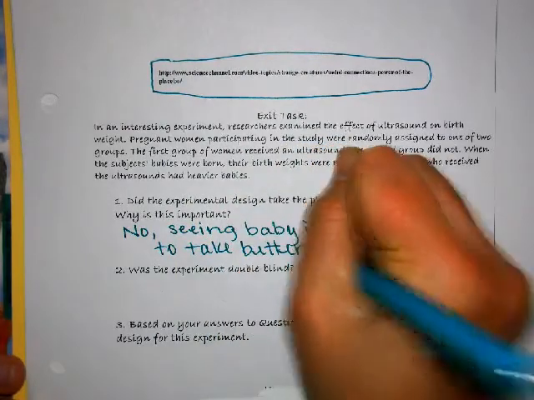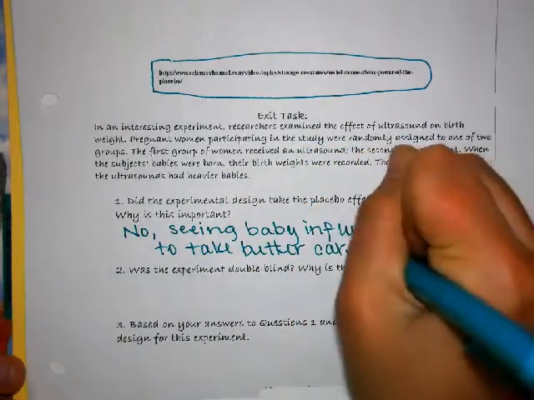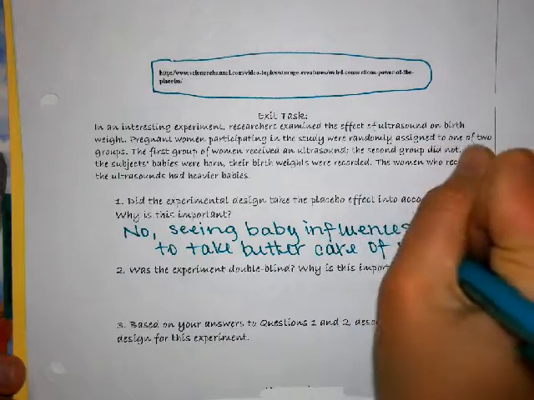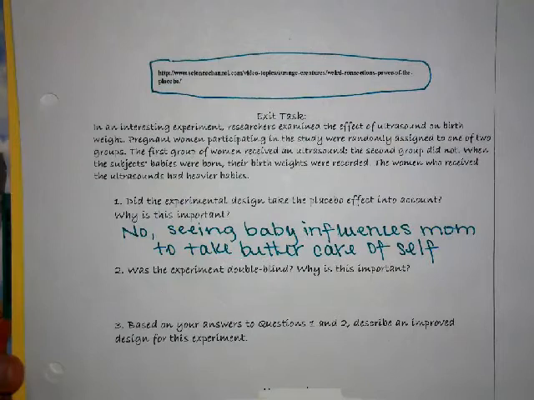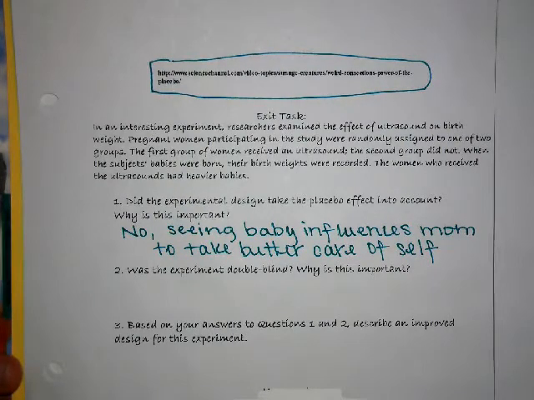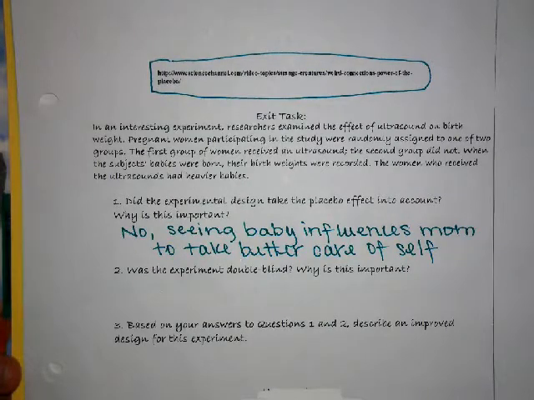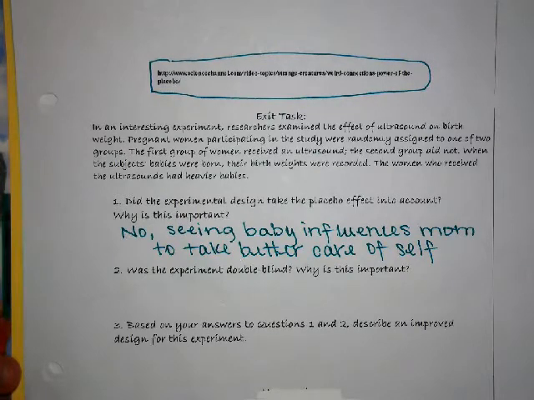Was the experiment double blind? Double blind means that the subjects, in this case the pregnant women, wouldn't know they got an ultrasound, and the people who recorded the birth weights wouldn't know about the ultrasound.